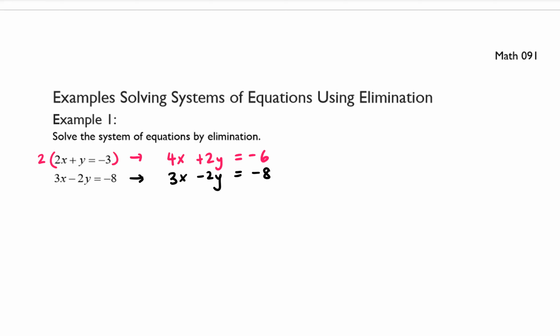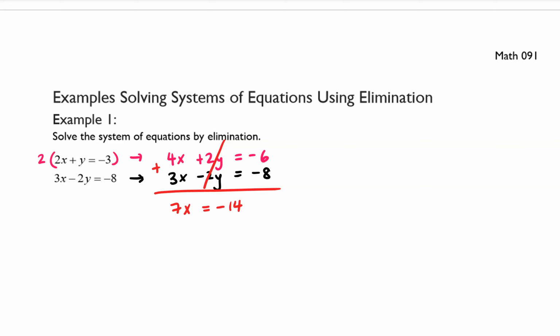Because notice, now if I add these two equations together, 2y plus -2y, those will eliminate each other. And we get 7x is equal to -6 plus -8 is -14.